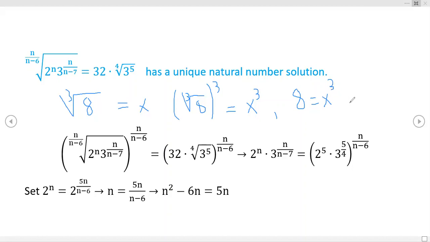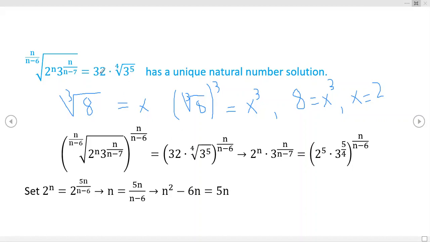Now, you may think that's the long way to Rome, but it's what we're doing to solve this equation. What we have right here is the very same process. I took this expression that we're trying to find a solution to, and I raised it to the n over n minus 6 power. I did that to both sides.